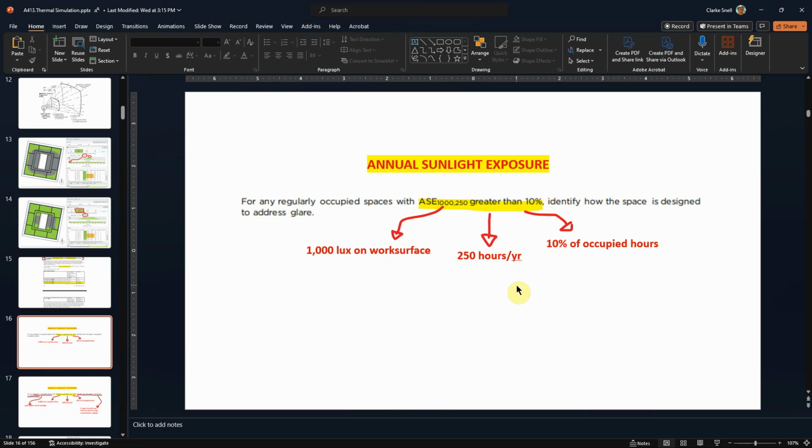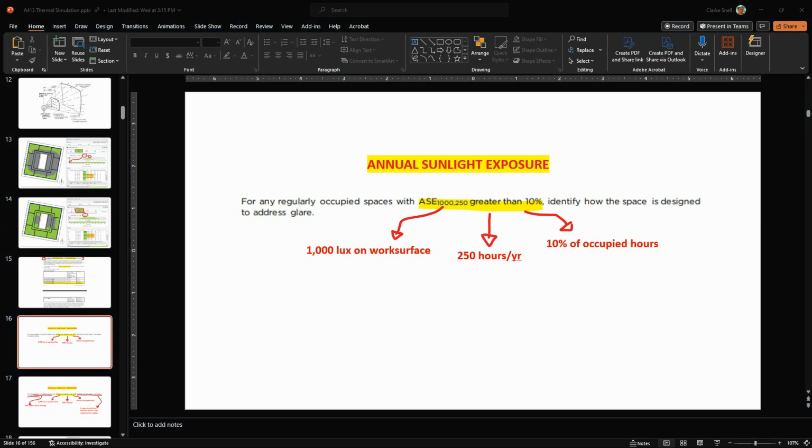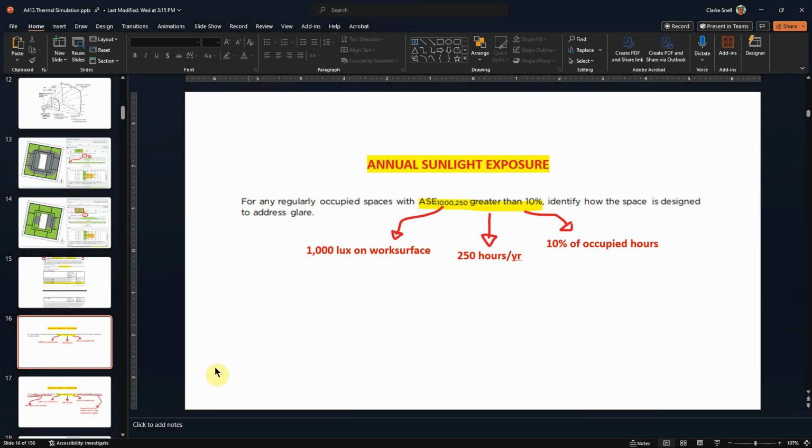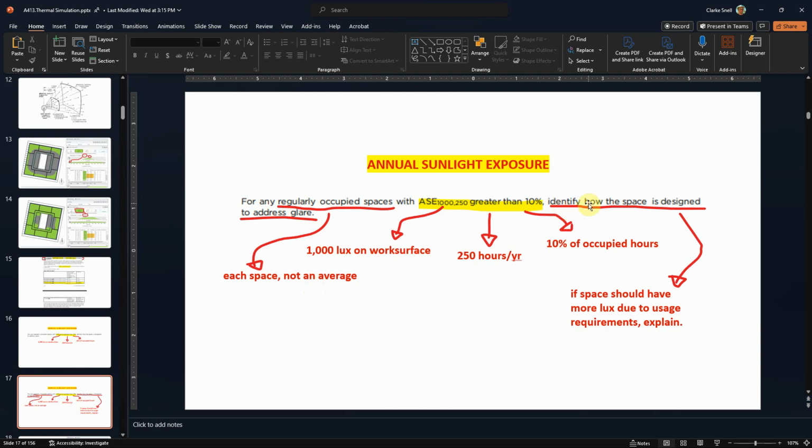The orange in Climate Studio is ASE, and we're saying if we have 1,000 lux for 250 hours or more in a space, for more than 10% of the occupied hours, then that's too much daylight, and we don't meet the credit. This is for individual spaces, not for the average.